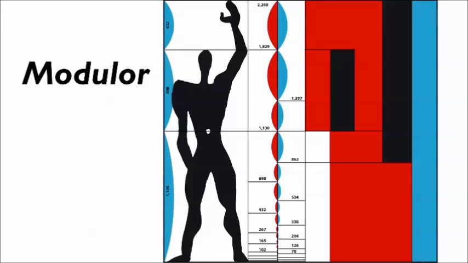But the interior spaces relate back to human scale, so the experience of going through those different spaces doesn't seem overwhelming, and in fact it can house many people comfortably instead of seeming like a brutal, large object that's swallowing people up.